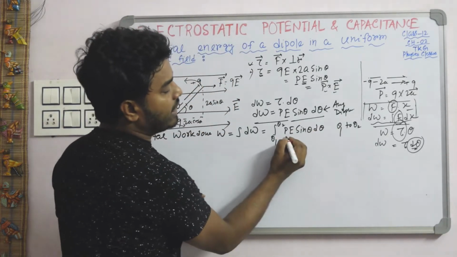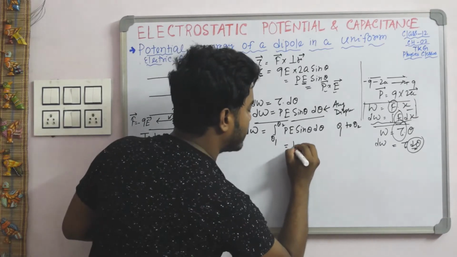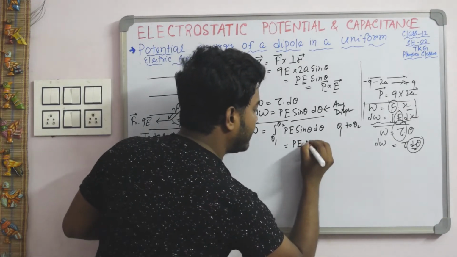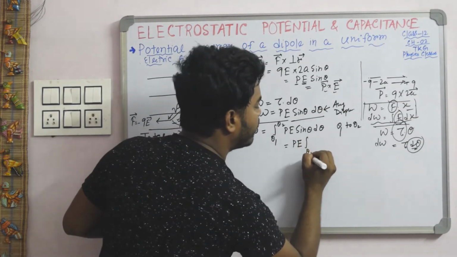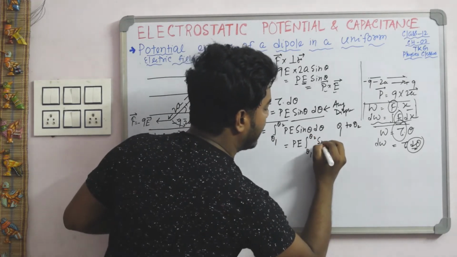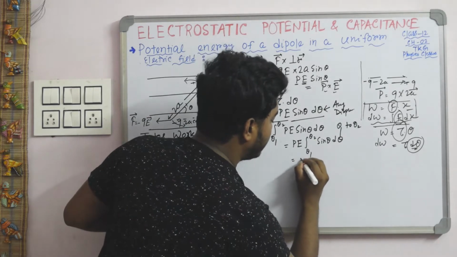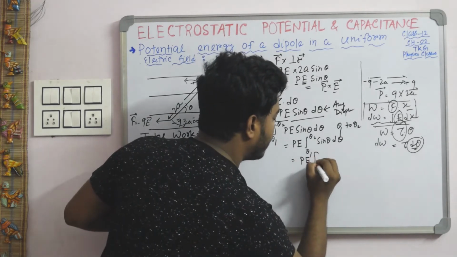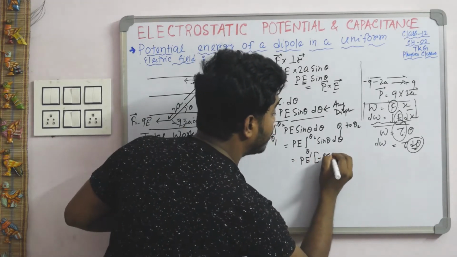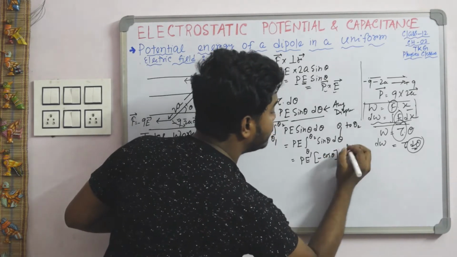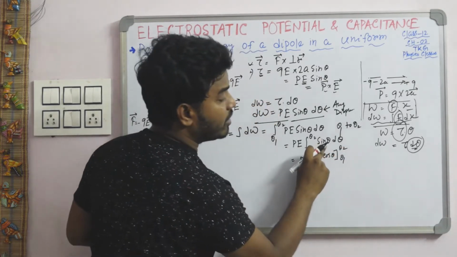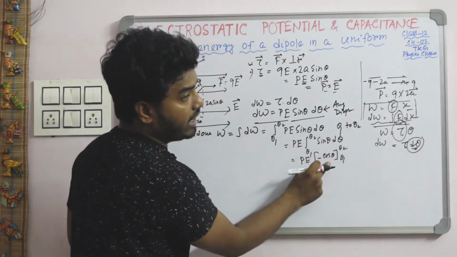Here PE is constant, so it goes outside: PE times the integration from theta 1 to theta 2 of sin theta d theta, that is PE times minus cos theta from theta 1 to theta 2. The integration of sin theta d theta is minus cos theta.